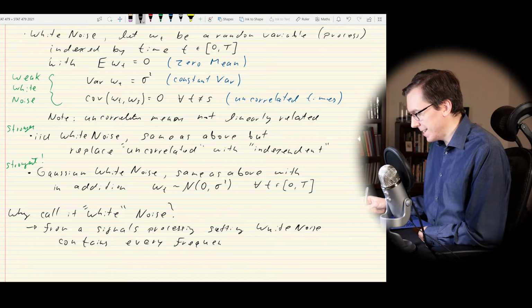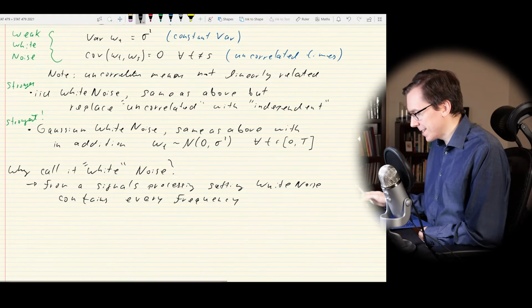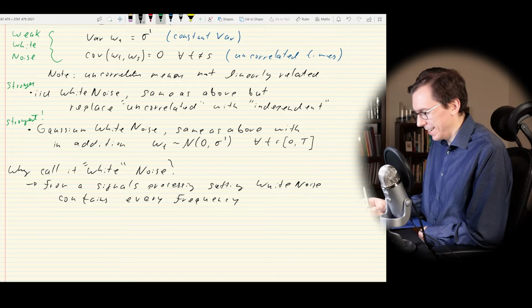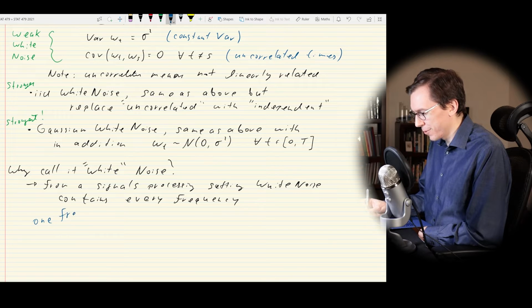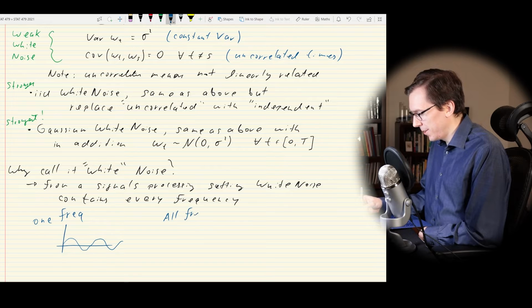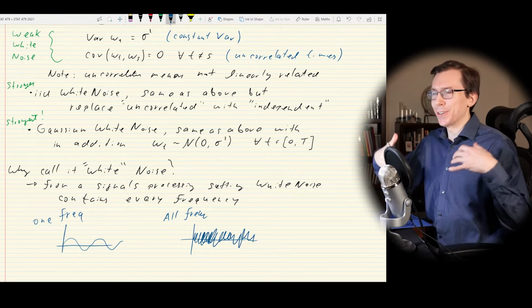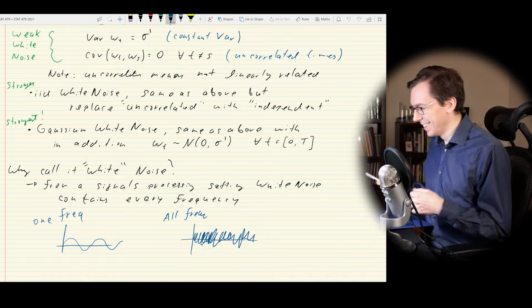So if you have a signal, you might have a nice smooth wave. Let's say we have an example with one frequency in a wave, it might just look like a sinusoid. We have one nice frequency in our wave. If we have all frequencies, then it's going to look something crazy like this, which I can't quite draw in its pure stochastic form, given my stylus here.